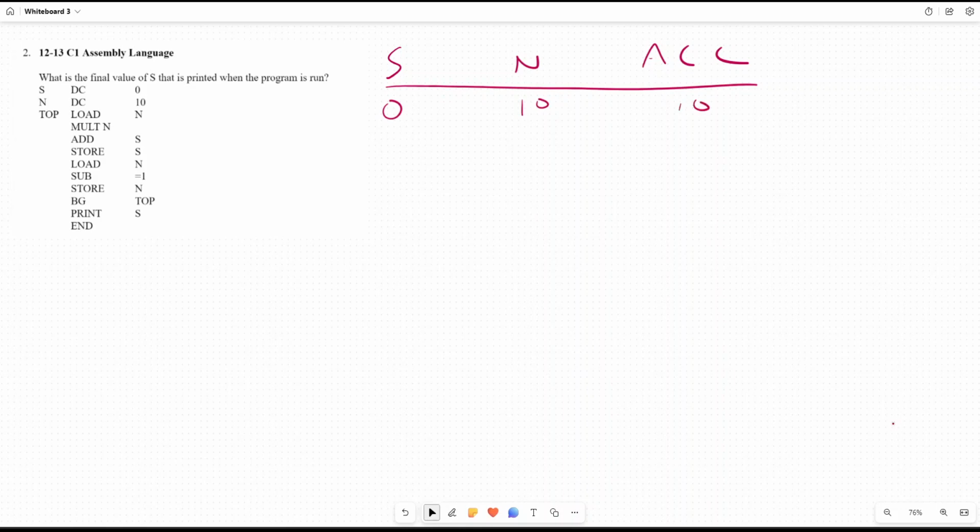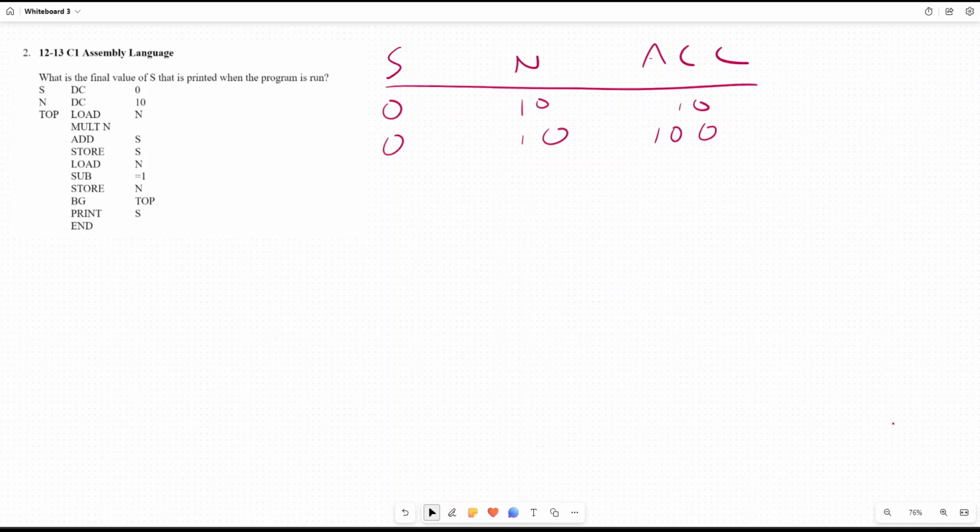Now we're going to multiply the accumulator by N, and our accumulator becomes 100. Now we're adding S to the accumulator. It's just going to remain the same.